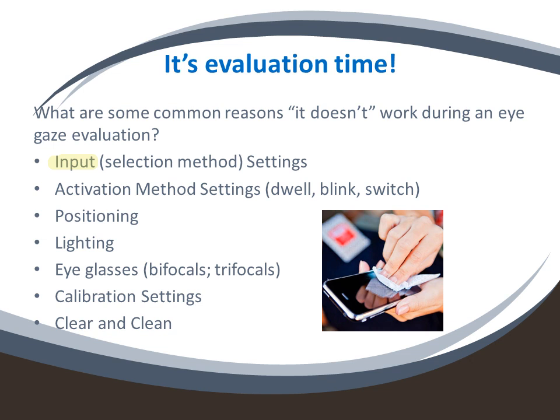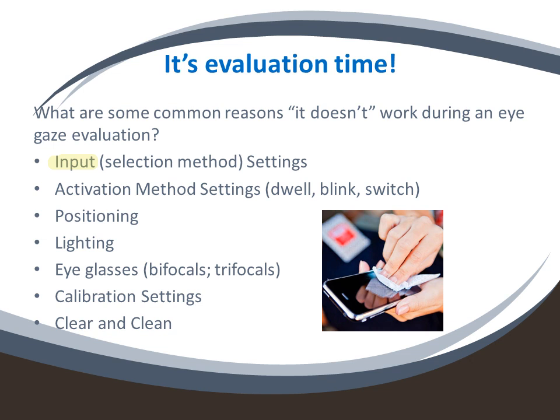Another thing you have to be careful of is that some eye gaze devices will allow the person to go through calibration and the selection method is not on eye gaze. Some devices allow you to go through the process, and you haven't actually turned it on to eye gaze.